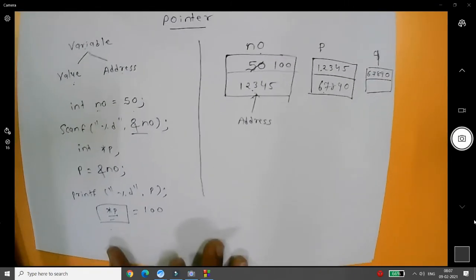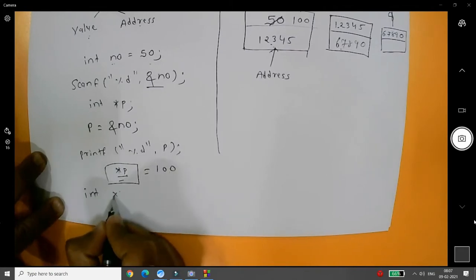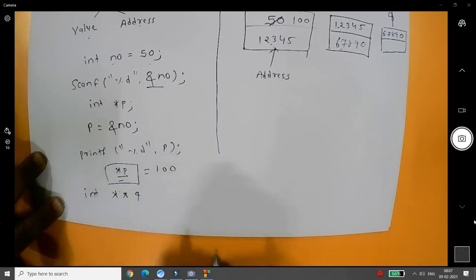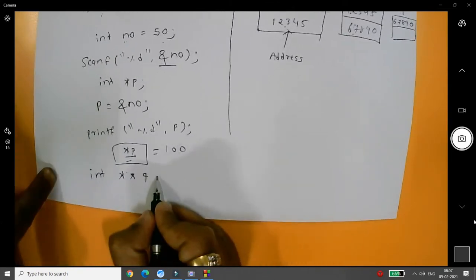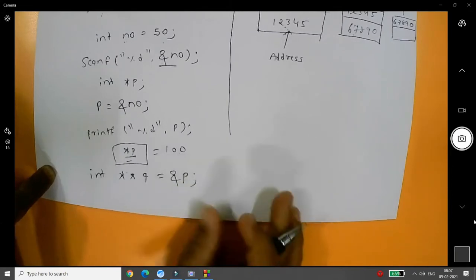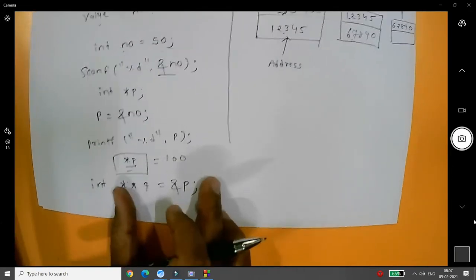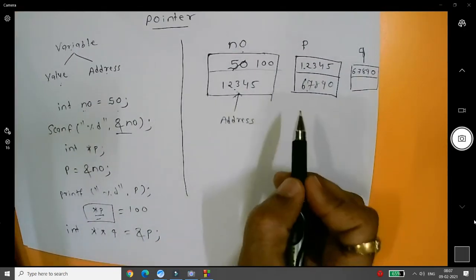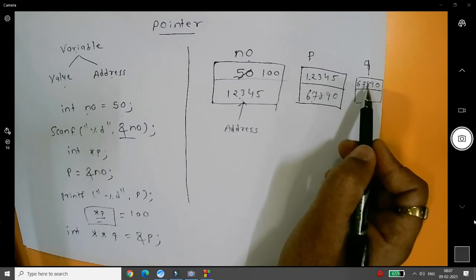For that, you need to use integer **q, and you can write int **q = &p. So the address of the pointer will be stored in the variable q.